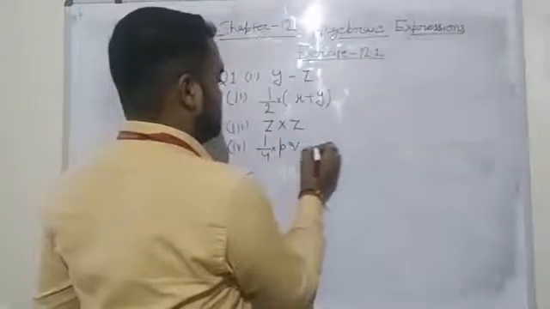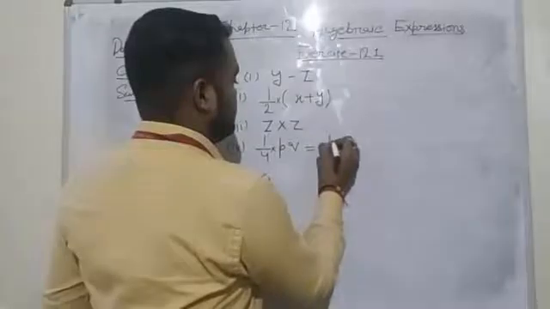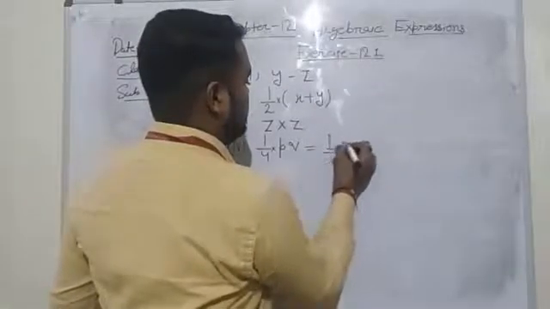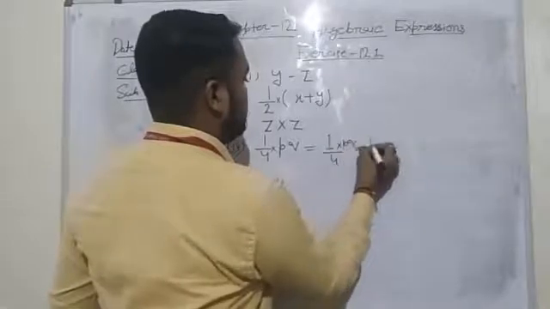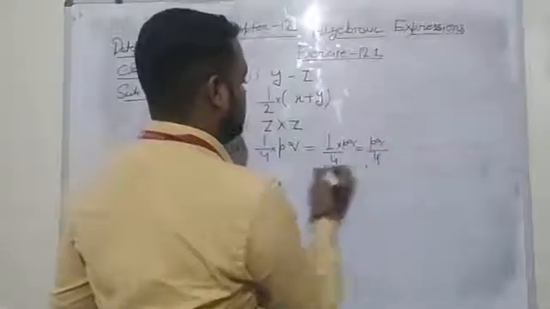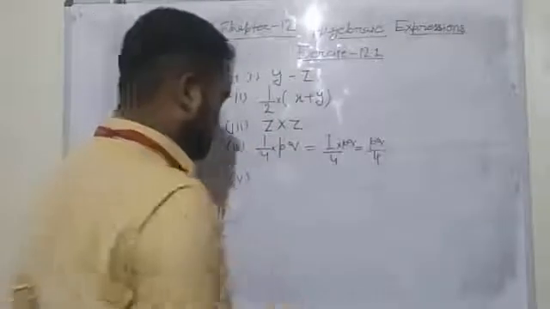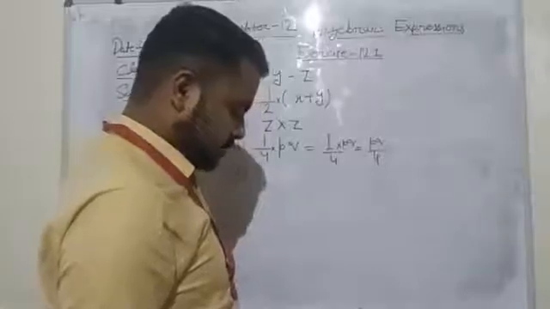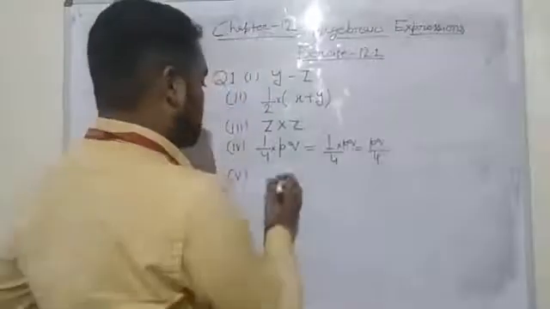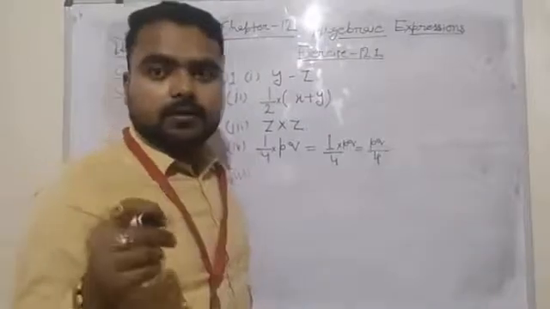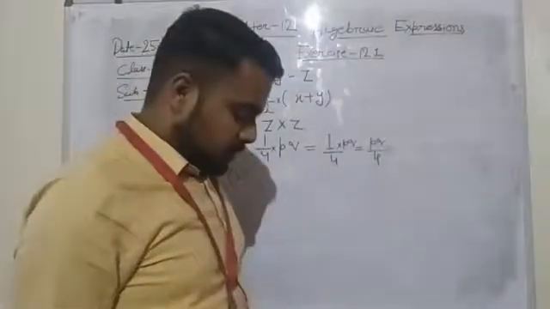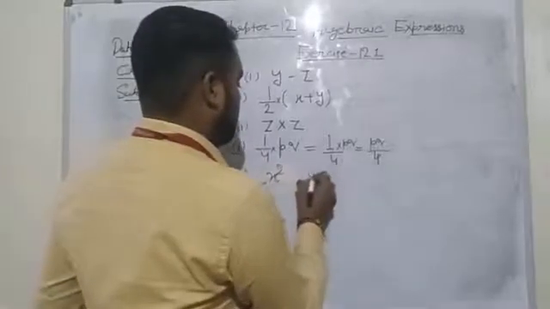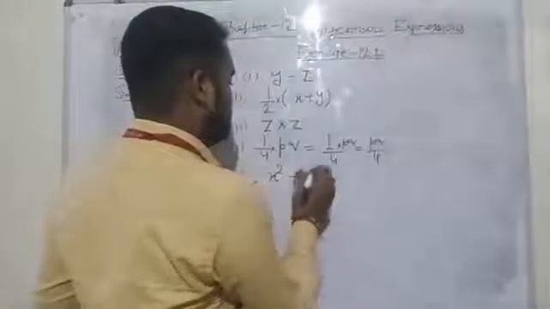So it is written as 1 by 4 into pq, or pq by 4 also. And fifth is numbers x and y both squared and added. We have to write the square of number x, that is x square, and y square also, and both will be added.